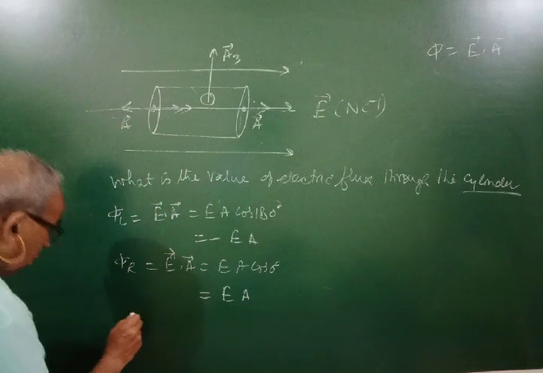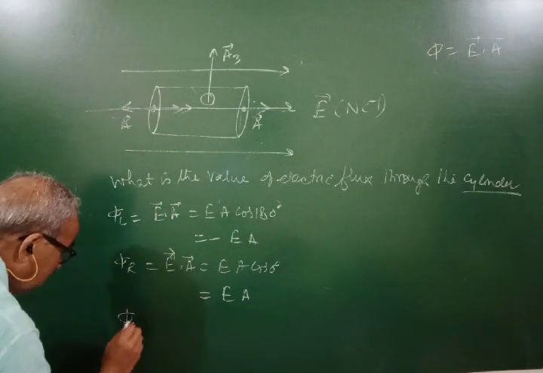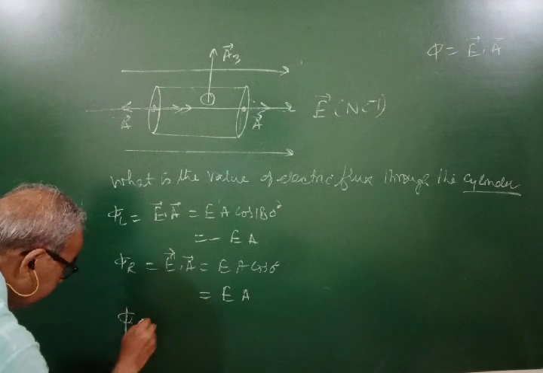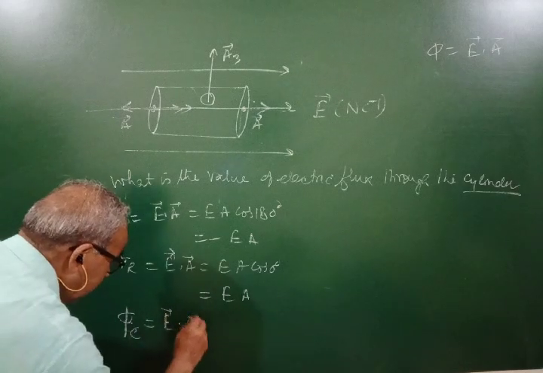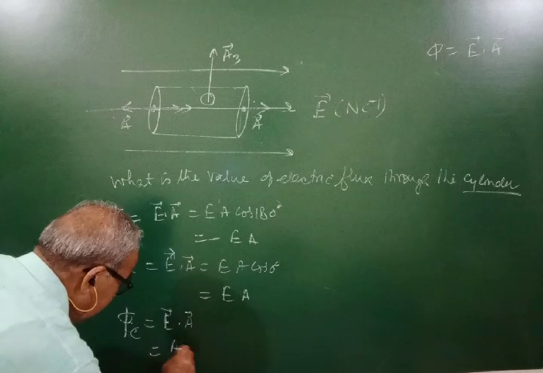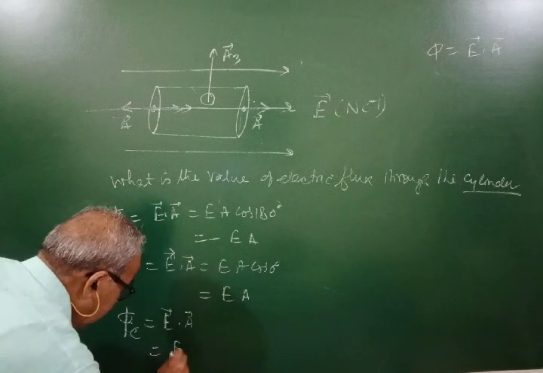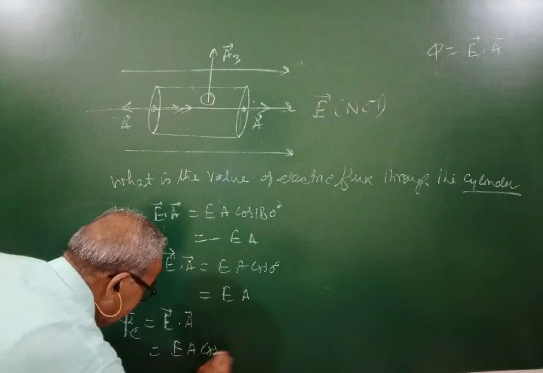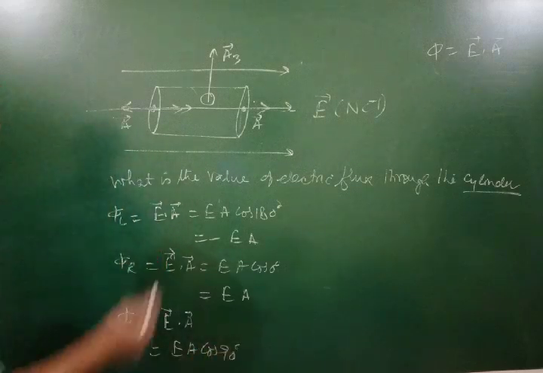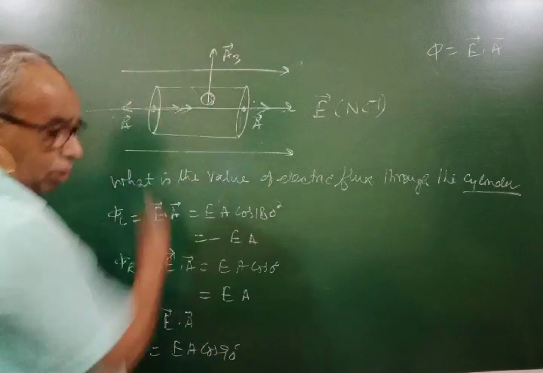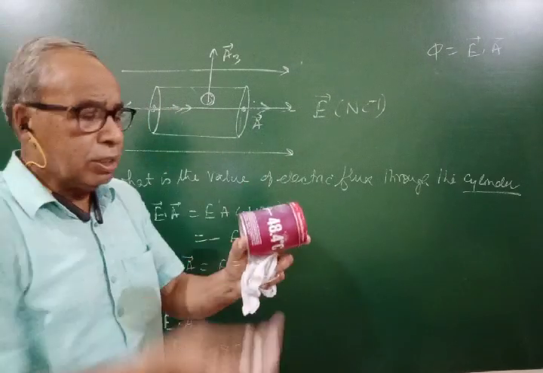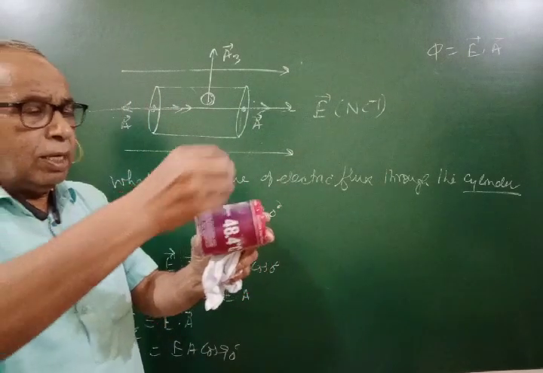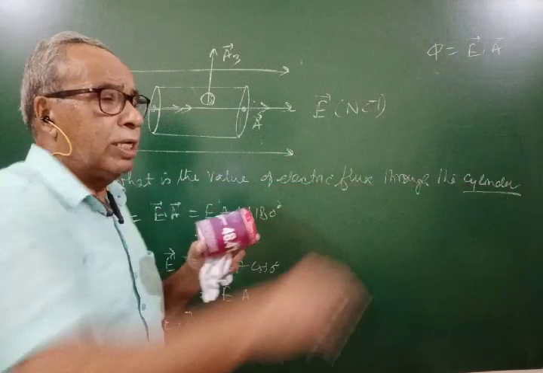Then phi 3, the curved surface, is E dot A, that is EA cos 90, because the area element is perpendicular. I show you here: in this cylinder, this area this way, this area this way, electric field horizontal.